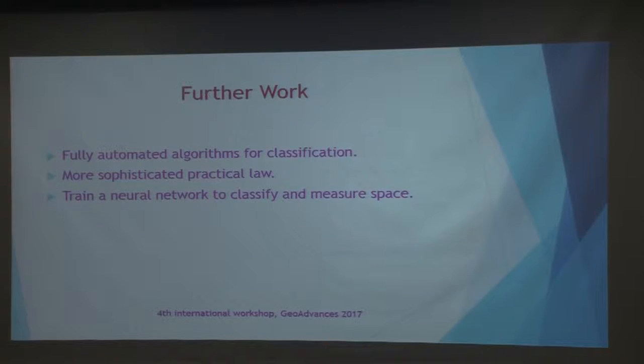We can also derive a more sophisticated law taking, let's say, the error into consideration. And finally, we may train some kind of a neural network to do all this business without our interference.